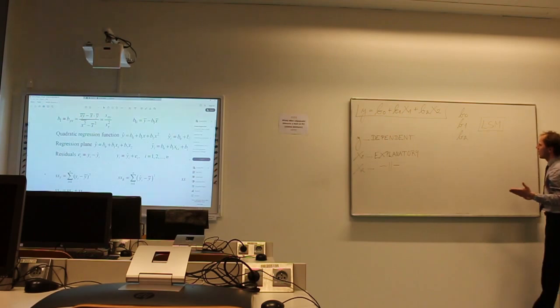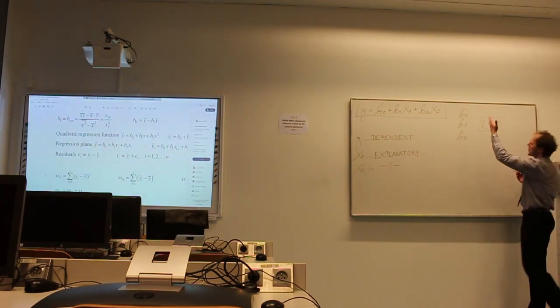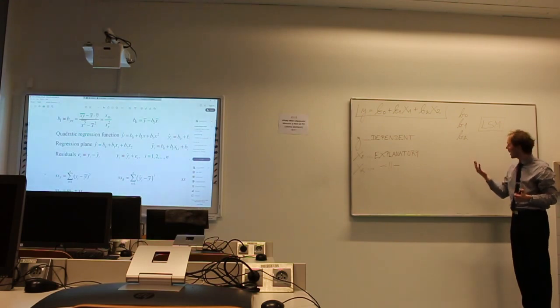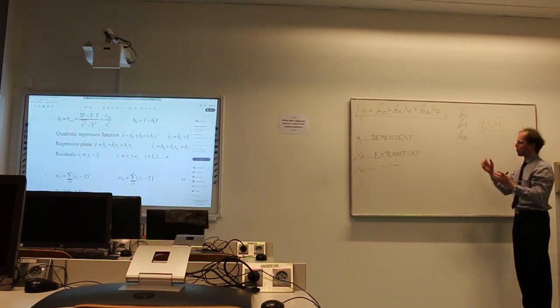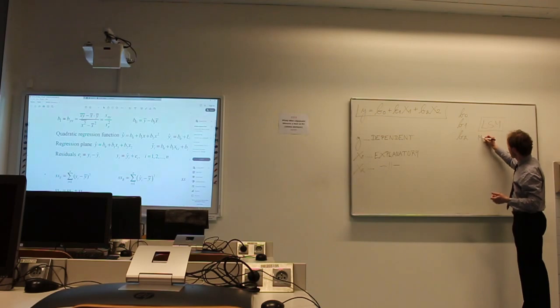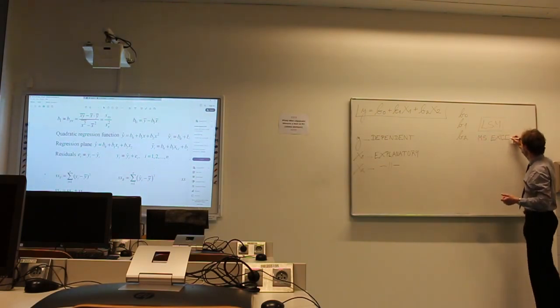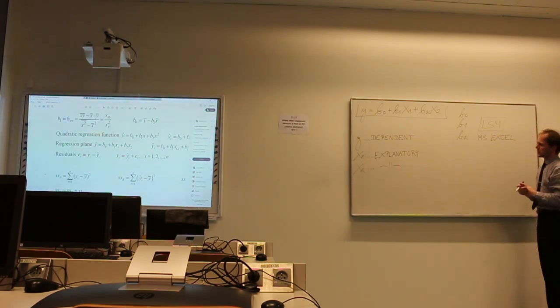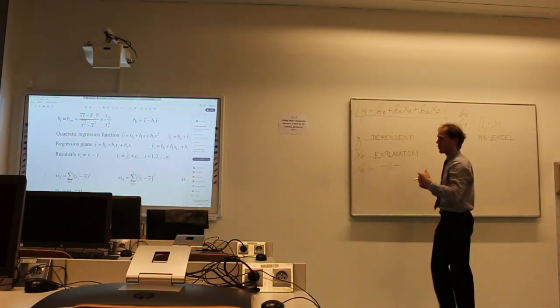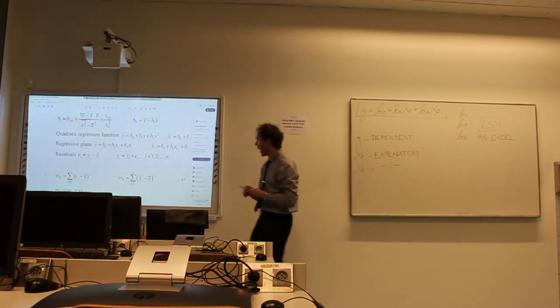I am able to estimate these three coefficients manually, I know the formulas, but you don't have these formulas in your formula sheet, so we must use Excel. We will use Microsoft Excel, regression analysis in Microsoft Excel, and we will estimate parameters of this regression plane.